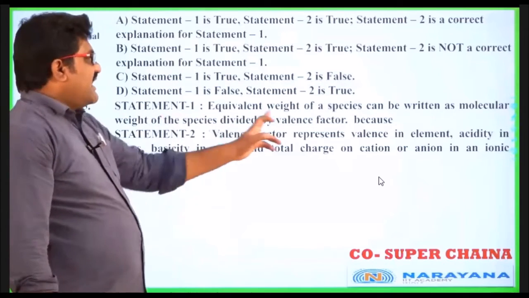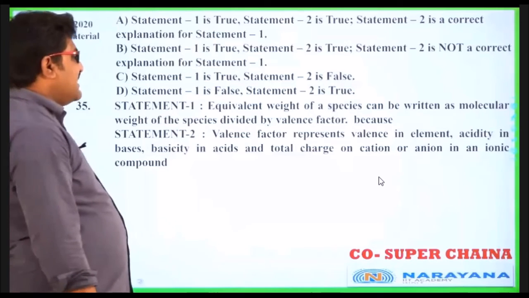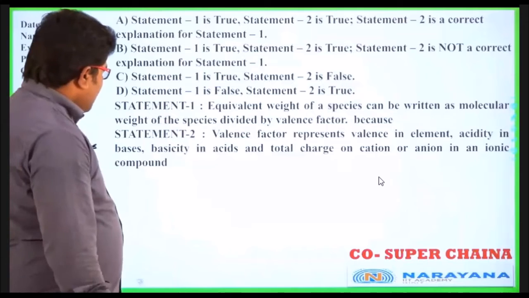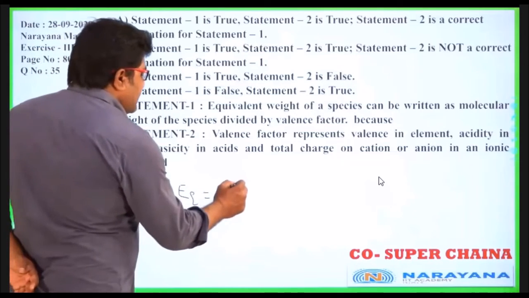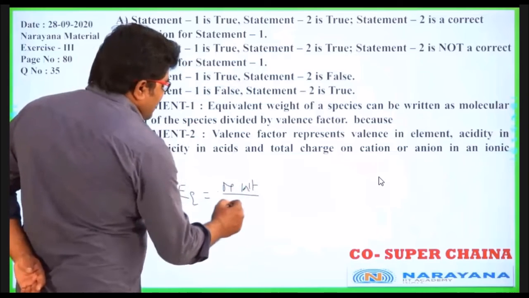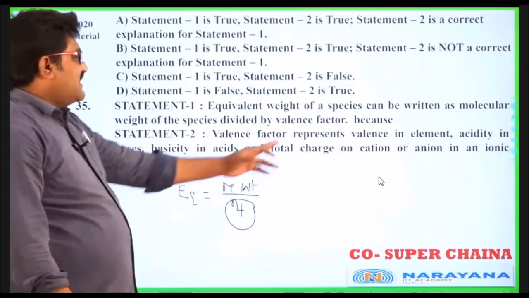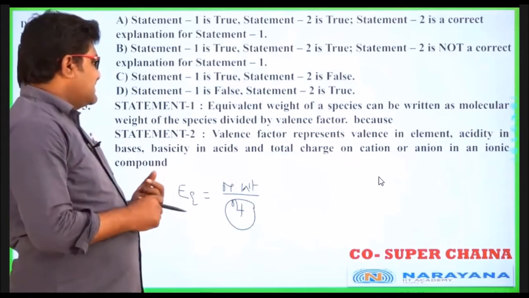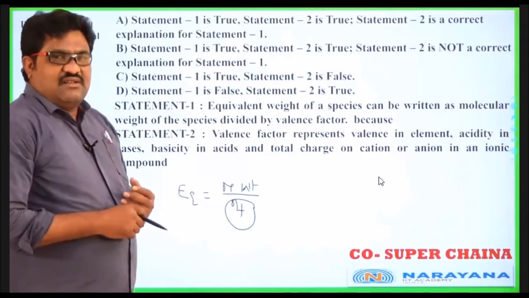Statement 1. Equivalent weight of species can be written as the molecular weight of the species divided by valence factor. Okay, right. Equivalent weight is definitely molecular weight of the substance by n factor. Valency factor is correct, because valency factor represents valence in an element, acidity in bases, basicity in acids, and total charge on cation or anion in an ionic compound.